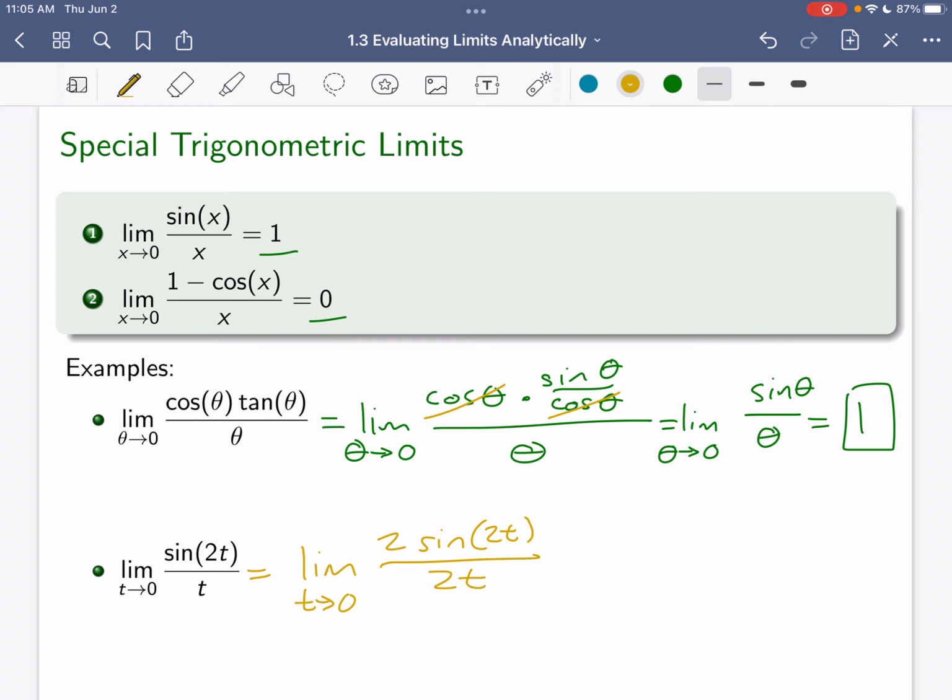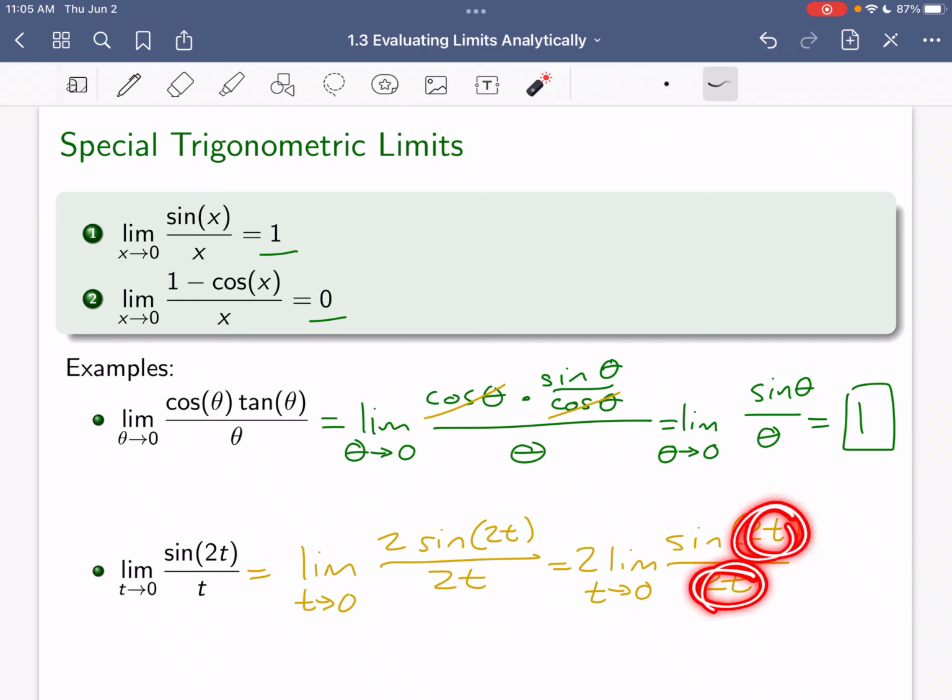Then that 2 we can bring out in front of the limit. Now this 2t looks like an x, so we could replace that 2t with an x. As t goes to 0, 2t also goes to 0.